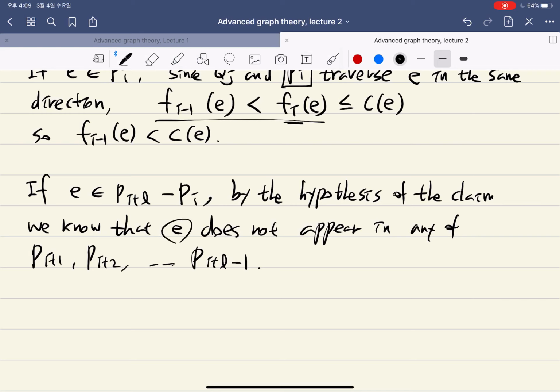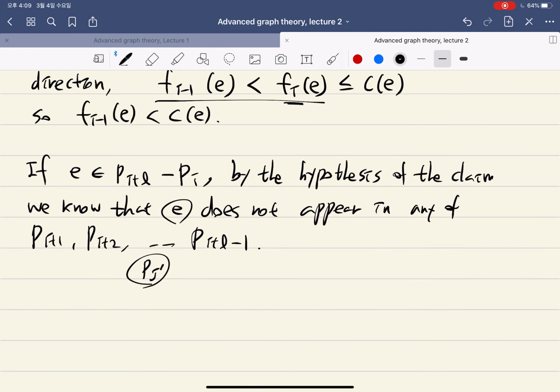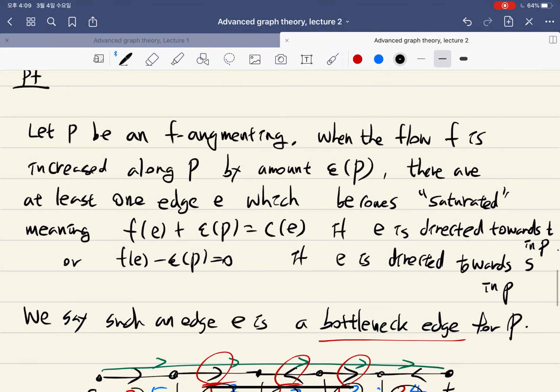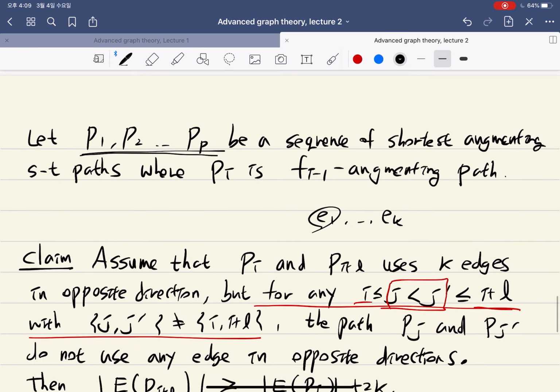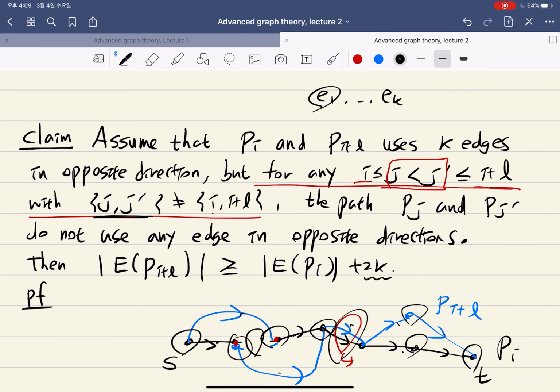If this appears in one of them, say pj prime, then we could have taken j to be i and j prime to be that j prime. Or the other way around.